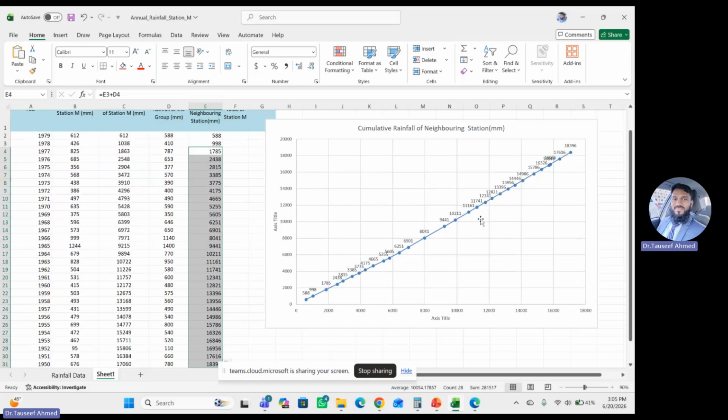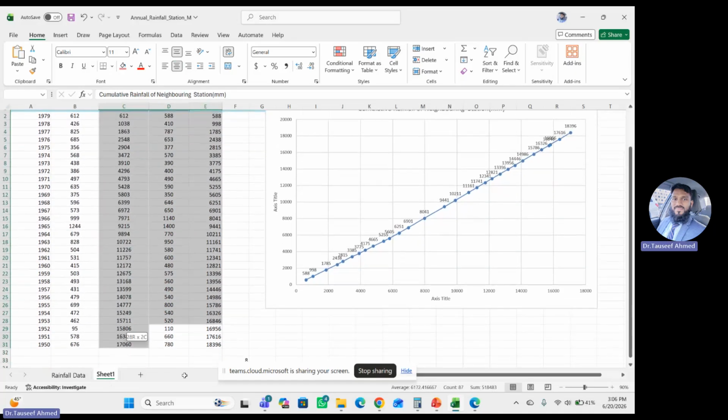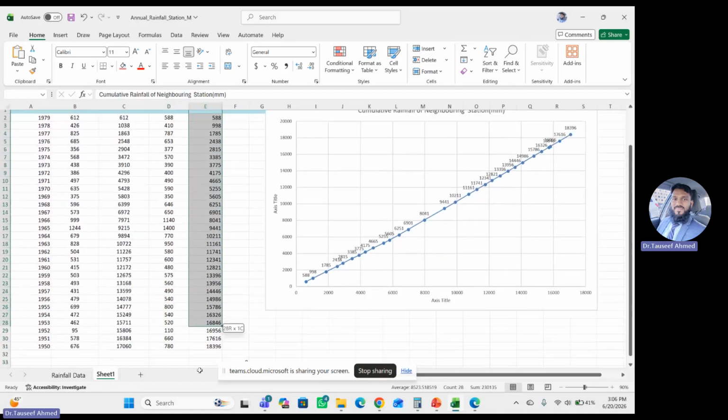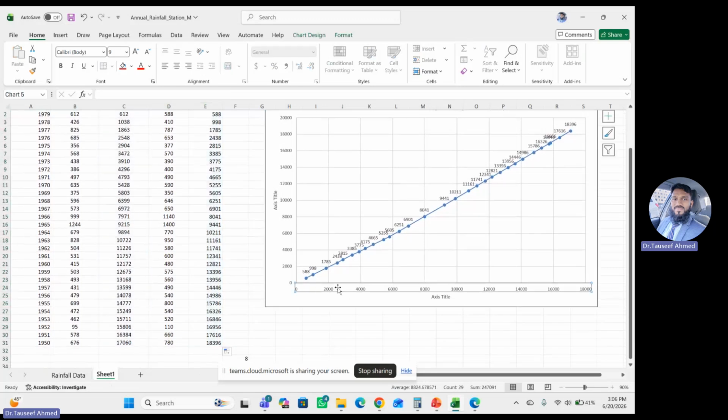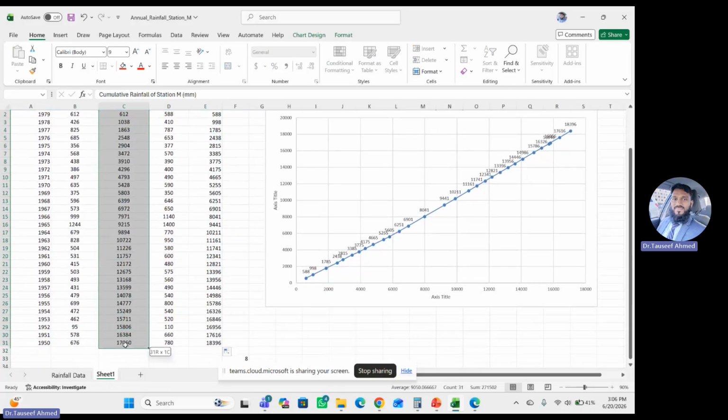Now you can see how I did this. The graph I drew is between the third column versus the fifth column. Here the fifth column is taken on the x-axis. You can see this on the x-axis, this is the value. On the y-axis, I took this one.